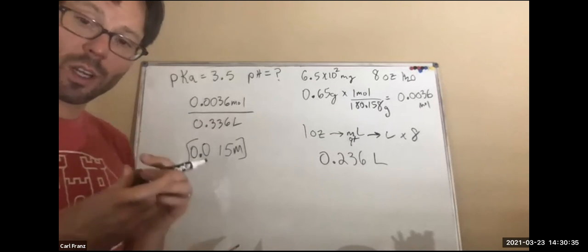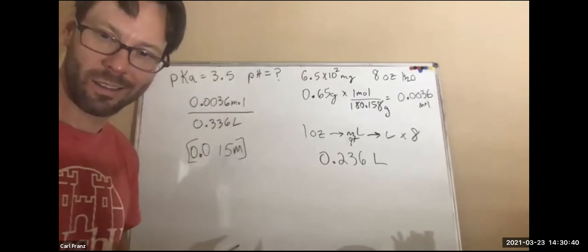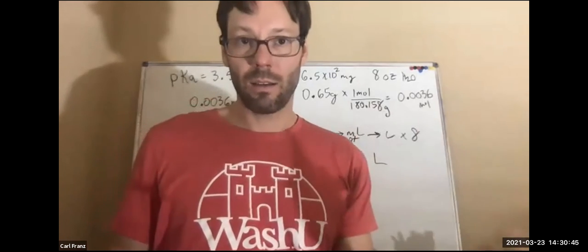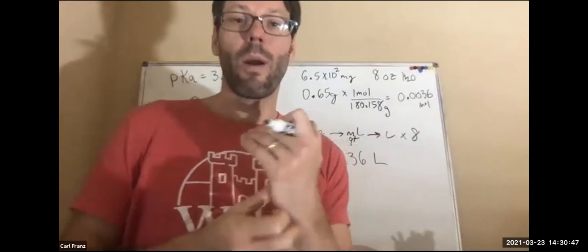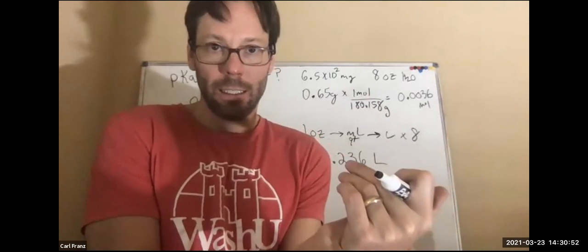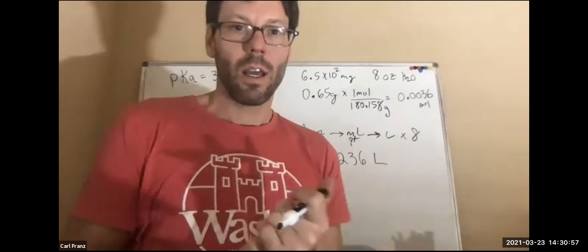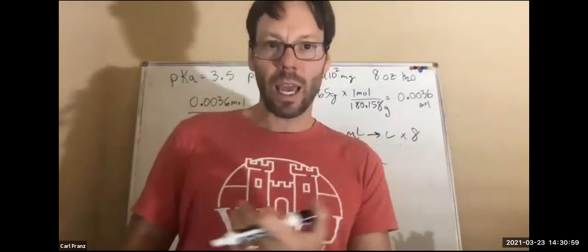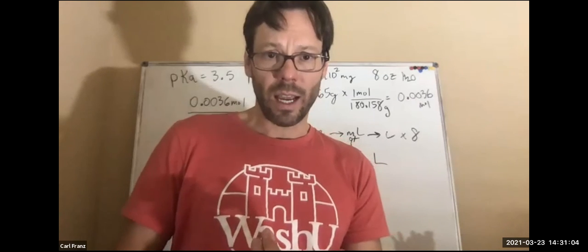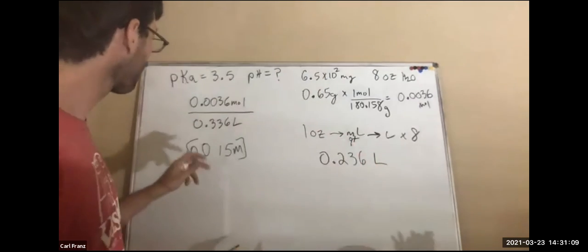Now we have our concentration. We also have pKa. So what can we do to get to our Ka? Well, remember, P is just a function, right? It's the negative log. And so if we have a pKa of 3.5, we can say that the Ka is 10 to the negative 3.5, right?